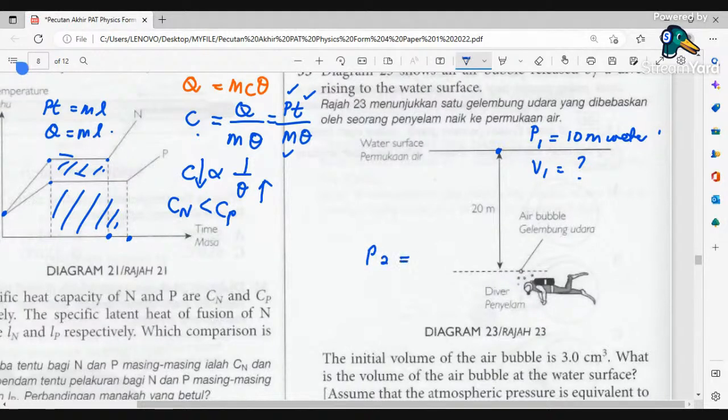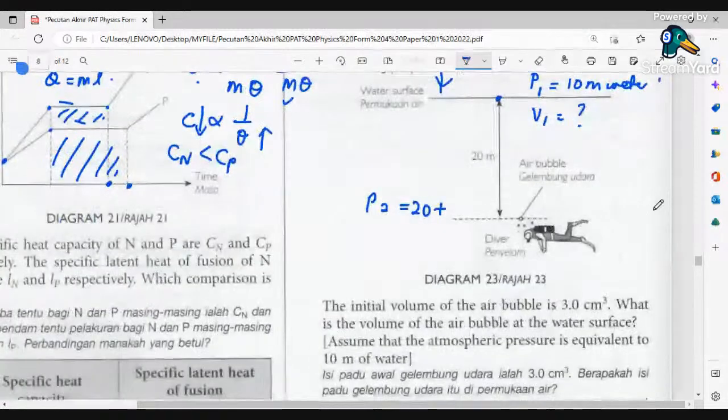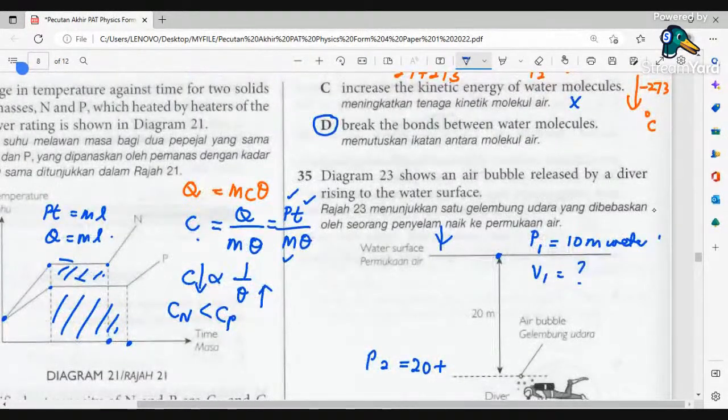P2 at depth of 20 meter means total pressure is 20 plus 10. Ada bagi tak? 10 meter water. Saya tunjuk sekali.